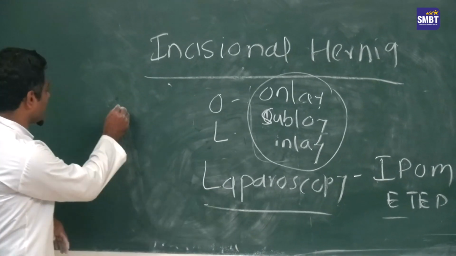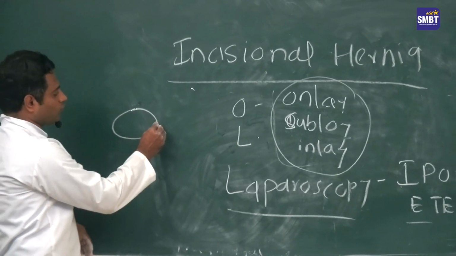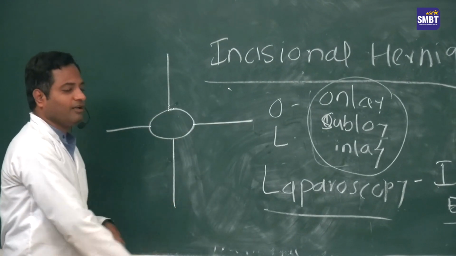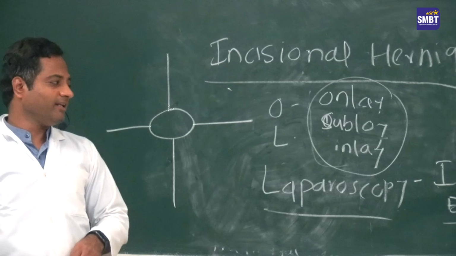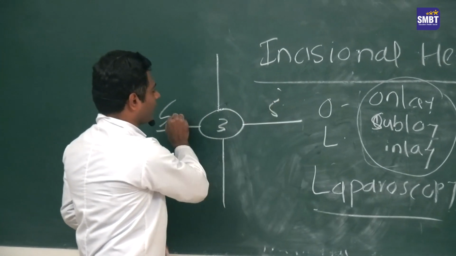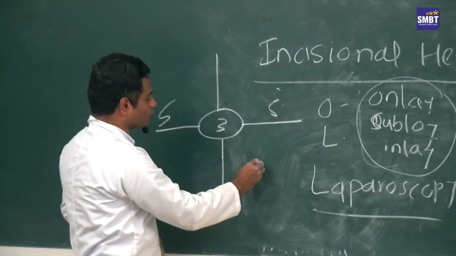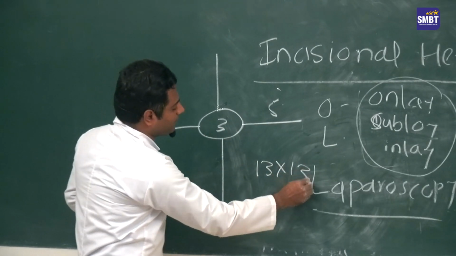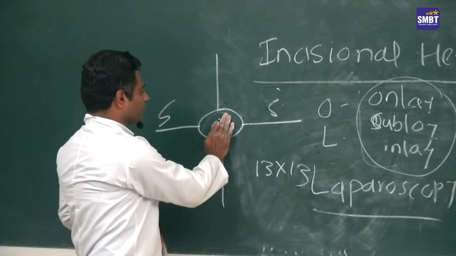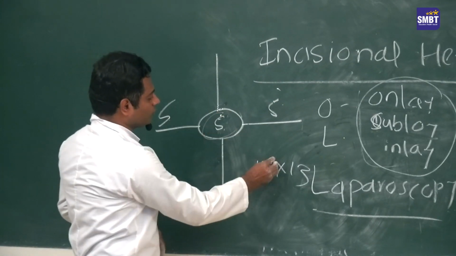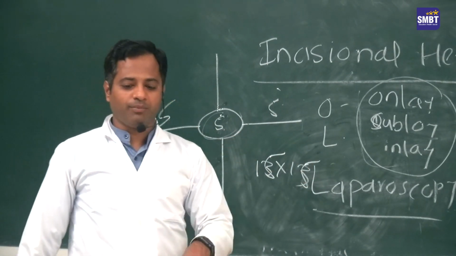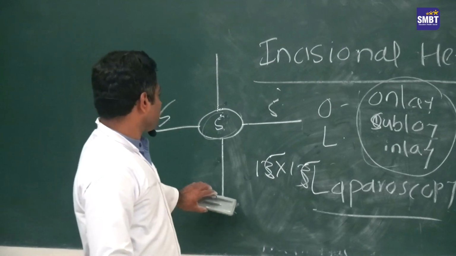Suppose this is a 3 centimeter defect, then you should cover 5 centimeter on each side: 5, 5, 10 and 3, 13. So ideally you should use a 13 by 13 mesh for a 3 centimeter defect. If the defect is 5 centimeter, then you should use a 15 by 15 mesh in an incisional hernia or umbilical hernia. The principles are again the same.